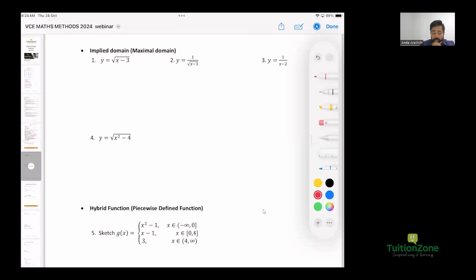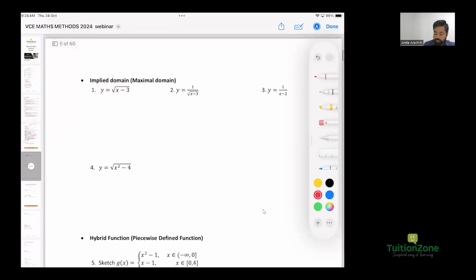Perfect. The usual technique is, if you see any root, the number inside the root can't be negative. It can be 0 if it is in the numerator. So one more technique is you can grab anything inside the root and it has to be greater than or equal to 0. That's the technique to write it.